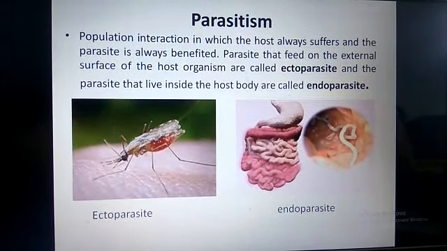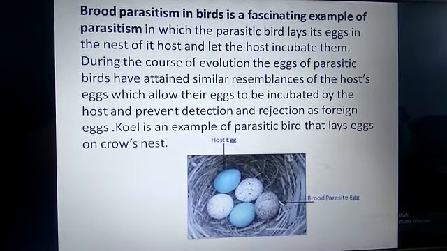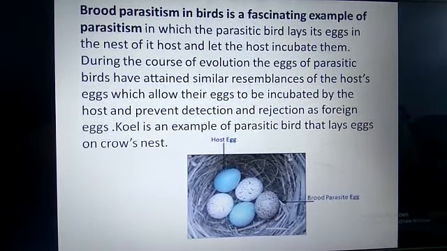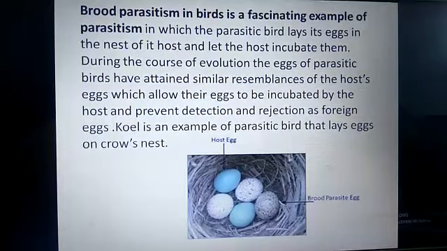So the Koel is an example of a parasitic bird. The Koel lays its eggs in the crow's nest. Since the egg of the Koel is similar to the eggs of the crow, the crow could not recognize the foreign egg and incubates it.